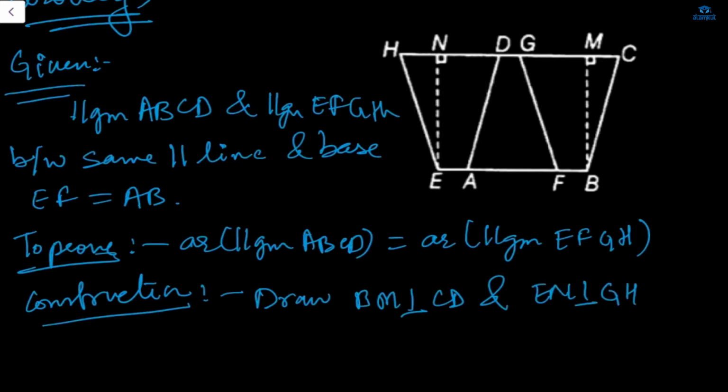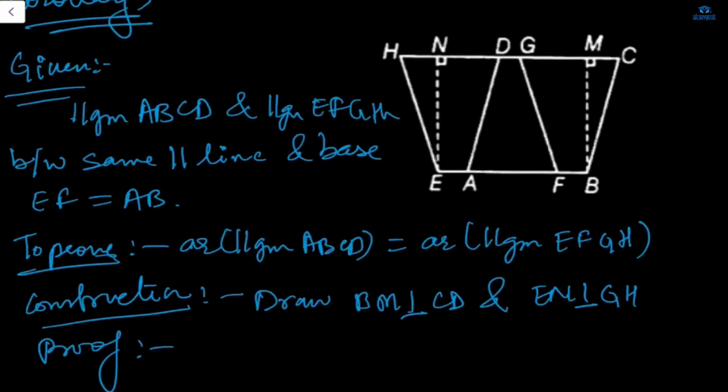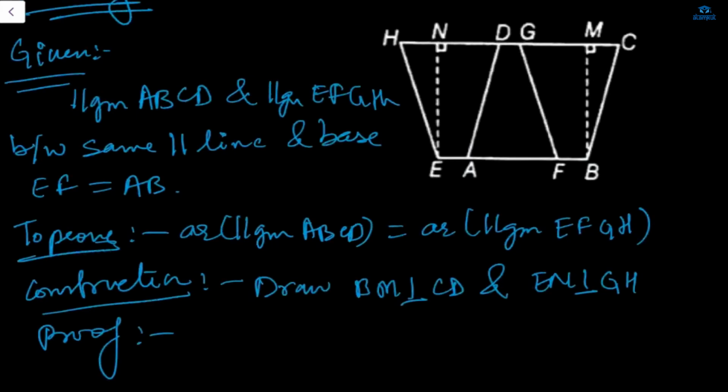Now the proof. Since EN and BM are perpendiculars between the same parallels, therefore EN will be equal to BM. Any doubt?